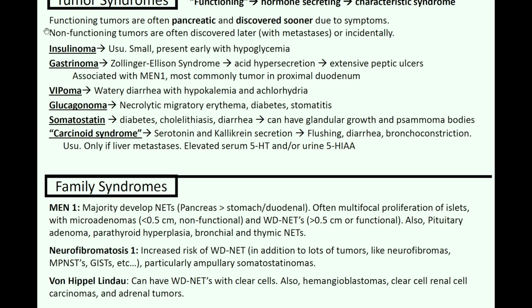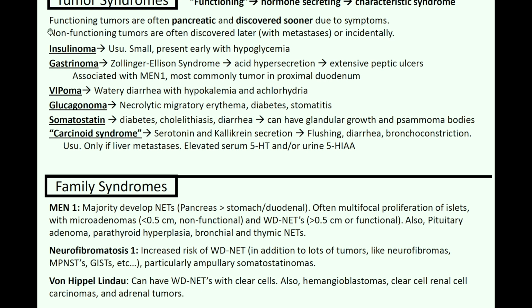Non-functioning tumors are often discovered later with metastases or incidentally, which makes sense because if you're pumping out more hormones, that's going to cause other symptoms and other issues throughout the body. So those symptoms will pop up sooner and you'll likely find the tumor earlier, which is good.